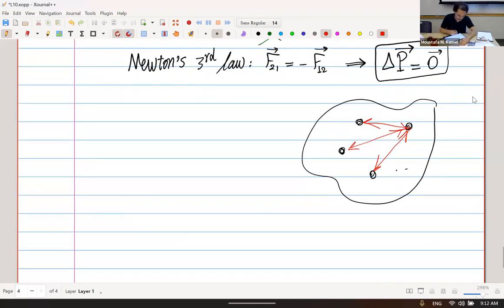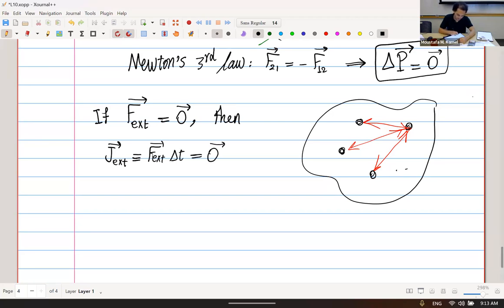So the conclusion is basically that if F net, or let me actually call it F external, it's the same. I'm just emphasizing that it's the external force on the system. If it's equal to 0, then J itself, also external, is equal to 0, but because it's defined as this times delta T, then it's equal to 0 as well.